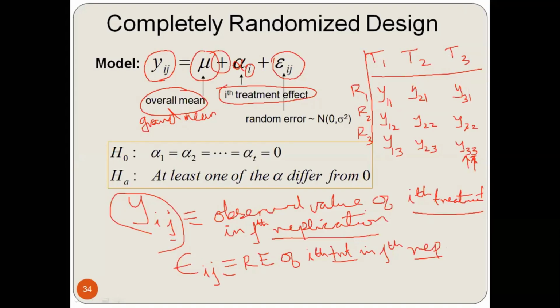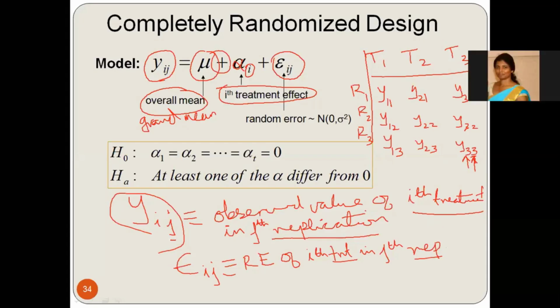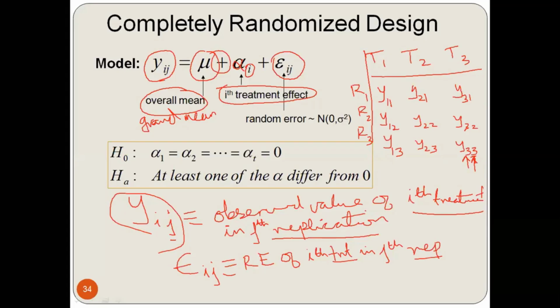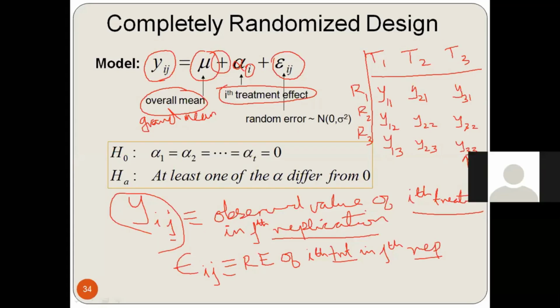There are three Tanushans. Random error, where did we see it? Vaishnavi? In regression, sir. Yes, in regression. We put up a regression model, can you remember? In that model, we included this random error. Similar to that concept, because we are talking about ANOVA, we will learn this random error little by little.